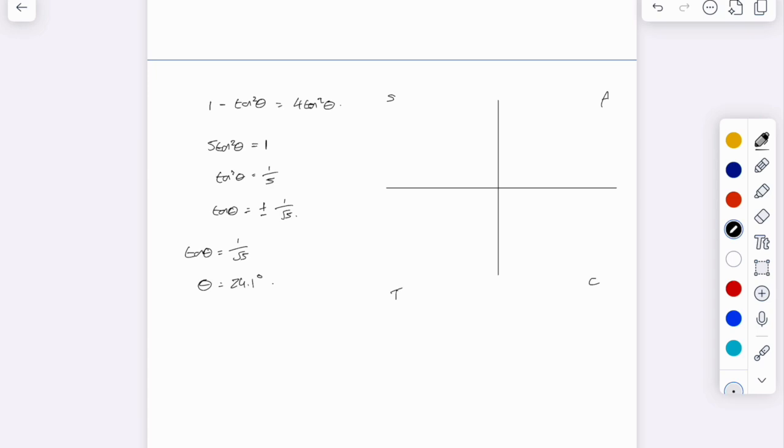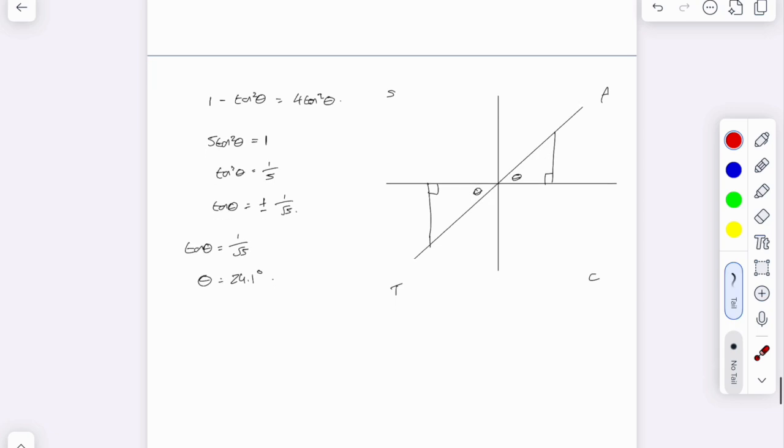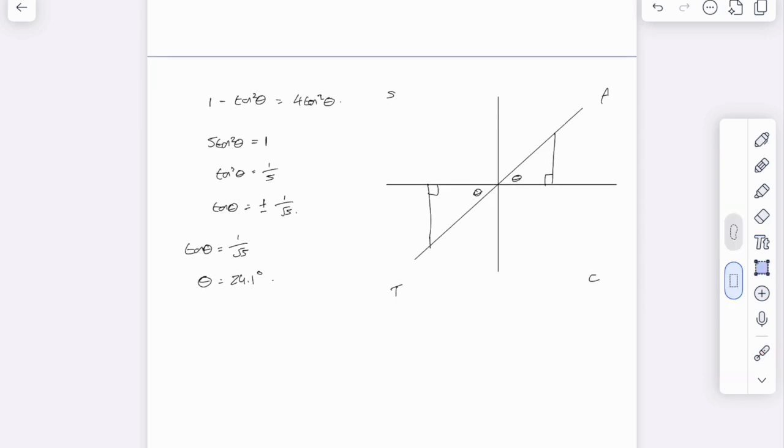Okay, where tan is positive, we are in these quadrants. So what does that mean? We're going to have 180 plus theta. Is that within our bounds? It isn't. Okay, so for that one, we just get 24.1.